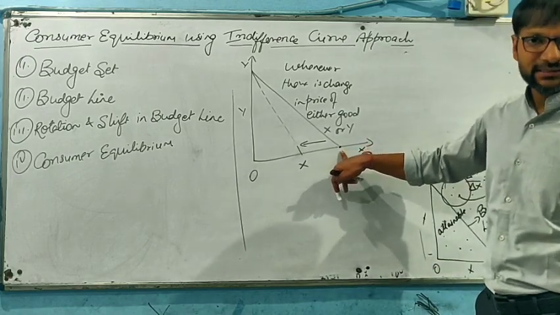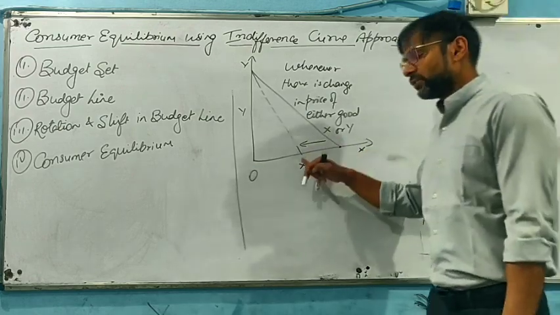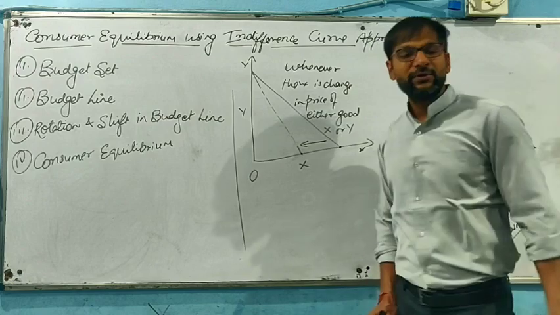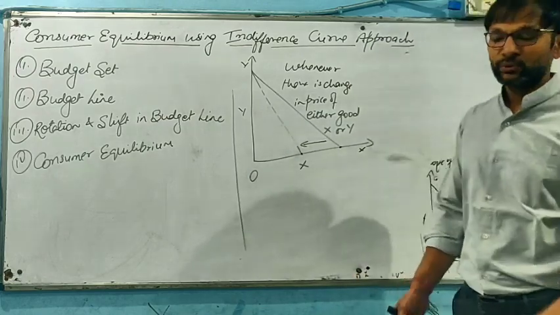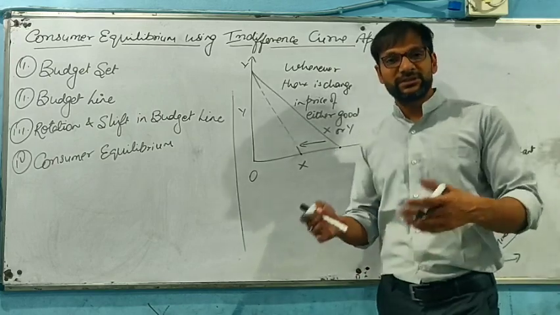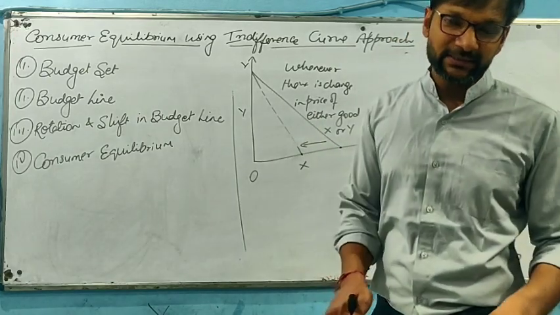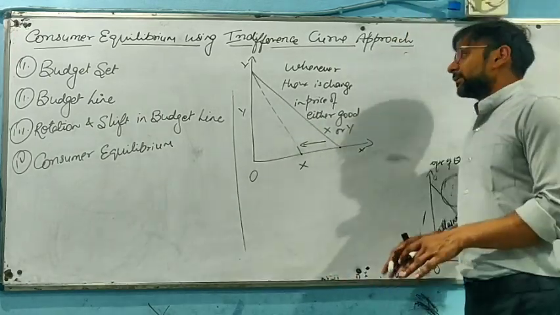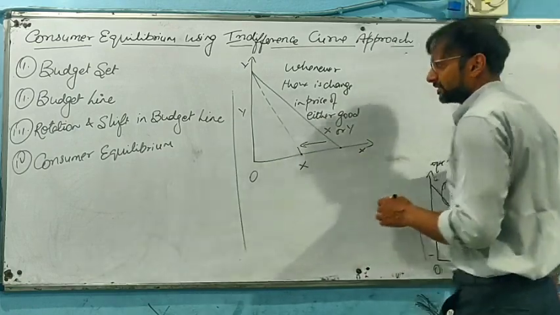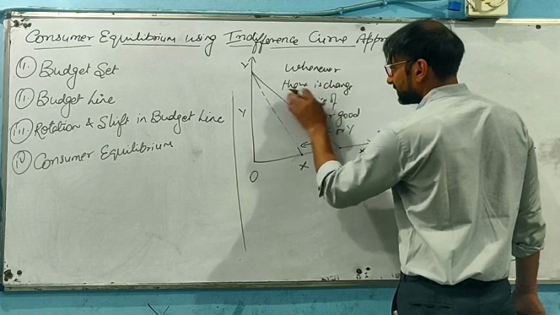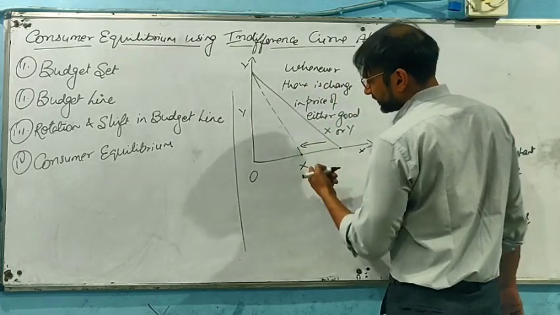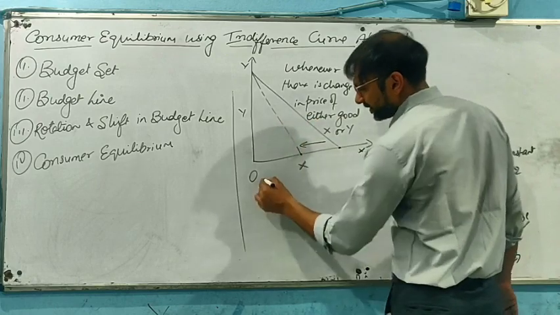After the increase in the price of X, he is going to purchase such amount of the units of X. Since due to the increase in the price of goods, his real income, or we can say purchasing power, has decreased. Fine. So you just need to see whenever there is a change in price of either good X or Y, there will be rotation. This is how the rotation takes place.